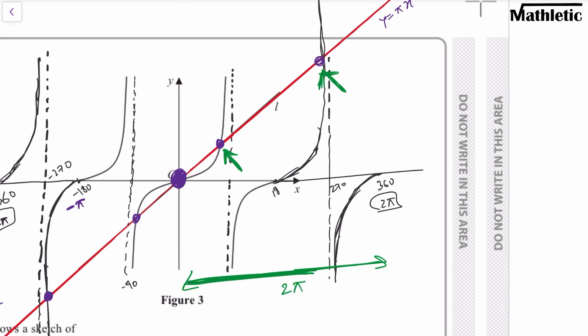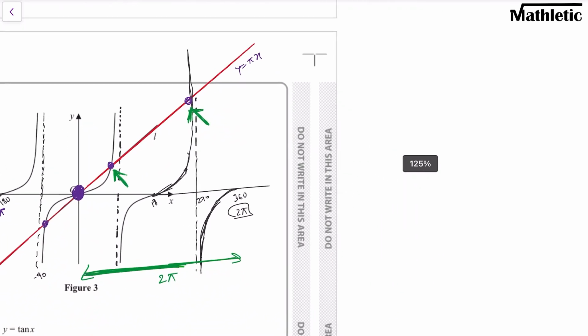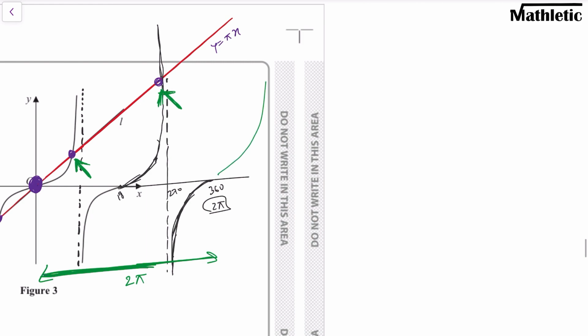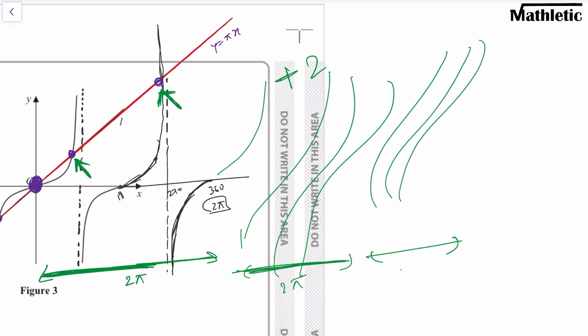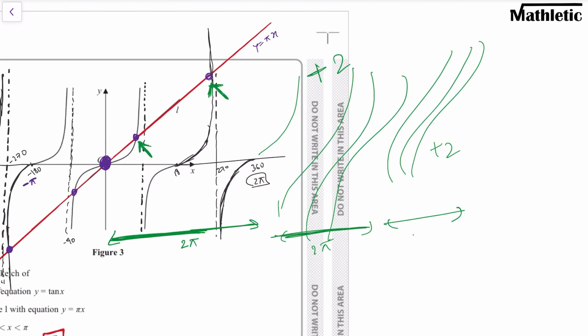If I replicate for the next 360, for the next 2 pi, you will have two more extra points. As in, within a gap of 360 degrees, the curve will intersect twice with the line.